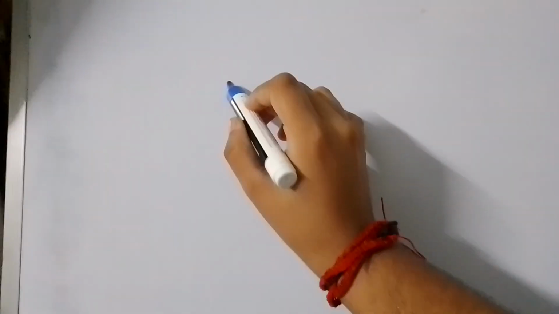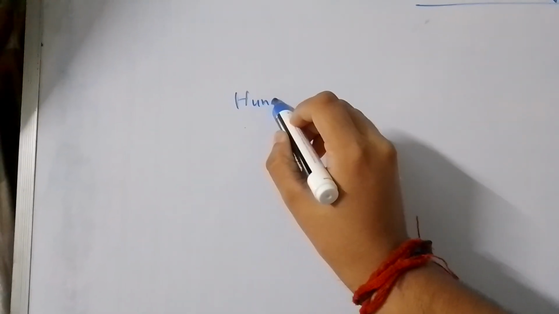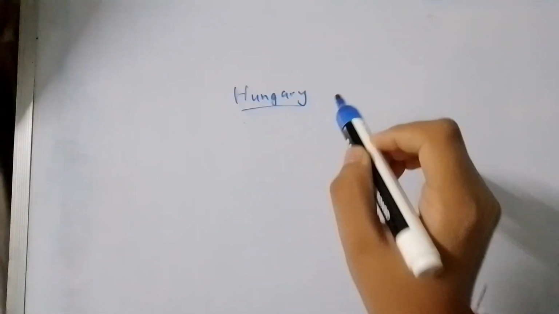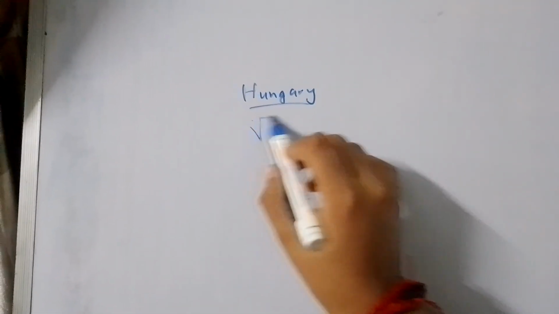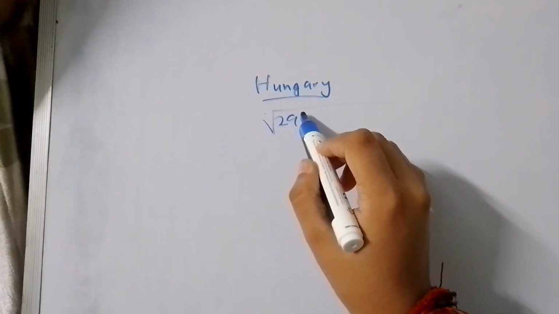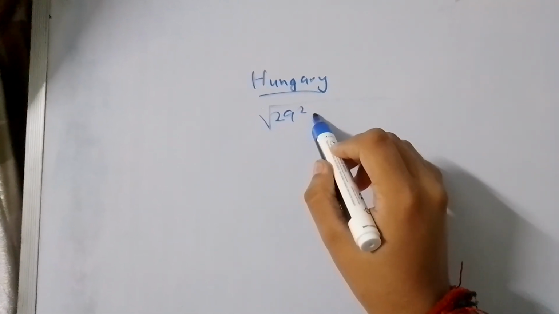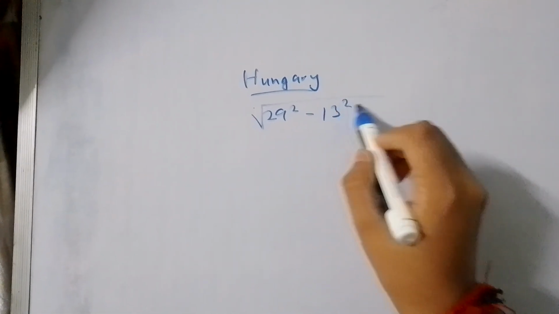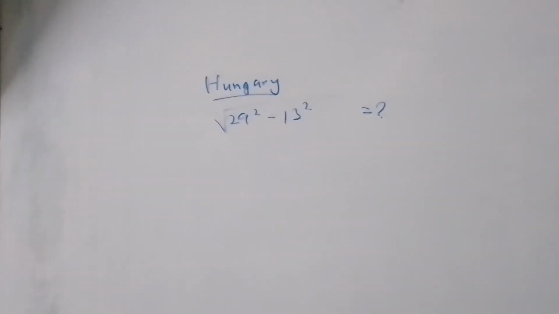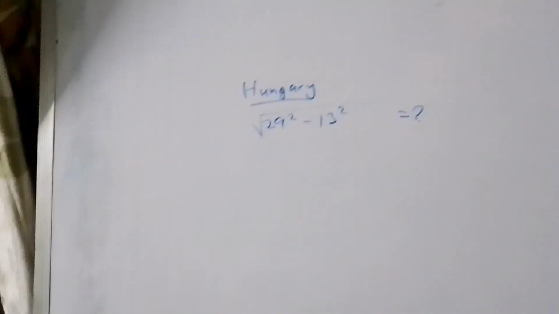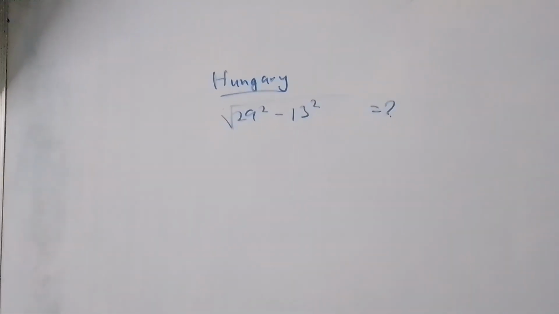So the next question is from Hungary. They have given this one, the square root of 29 squared minus 13 squared. Okay, so how to solve this one?